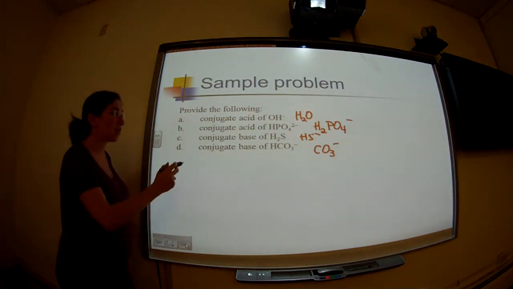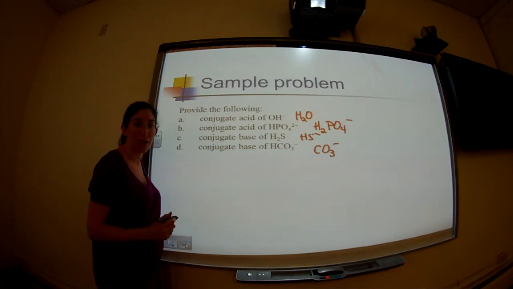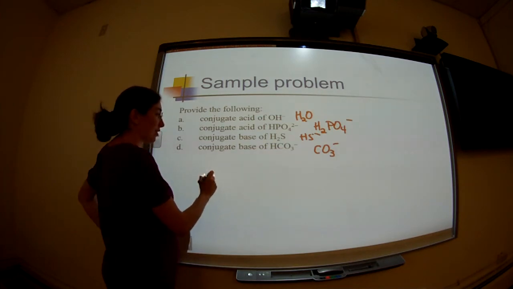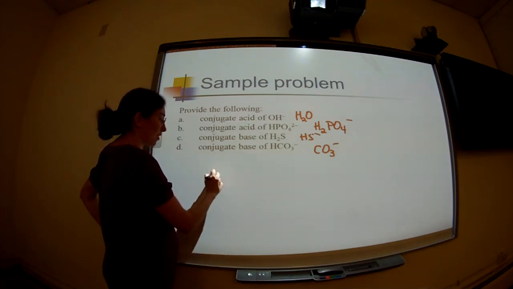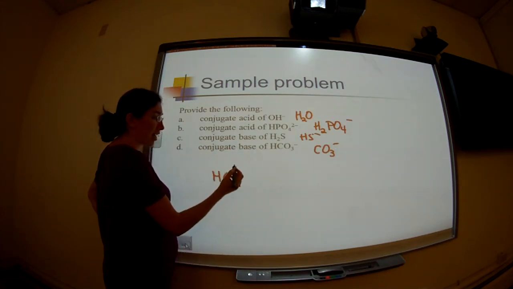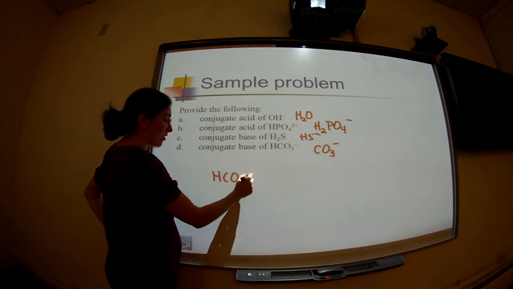For this last one, I'm going to write out a reaction in case that is helpful for you in solving these. It wants to know the conjugate base of this molecule, so that implies this is an acid.